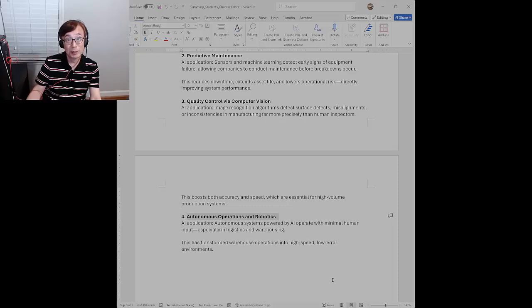So with AI-driven robotics, you see all those robots working in the factories. Amazon's fulfillment centers, for example, and automobile manufacturing facilities.